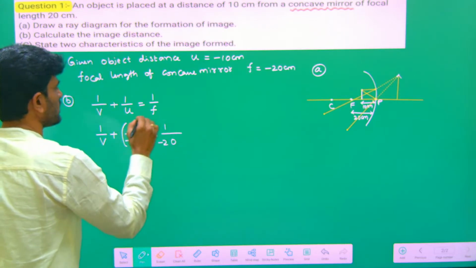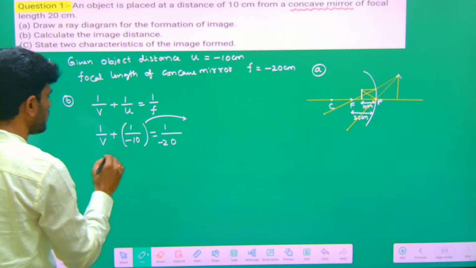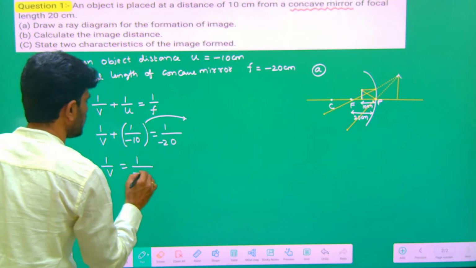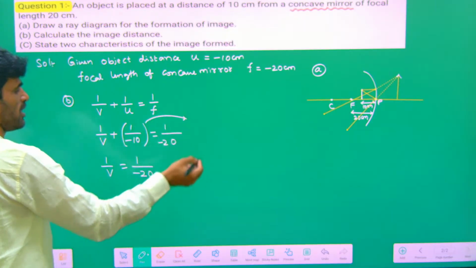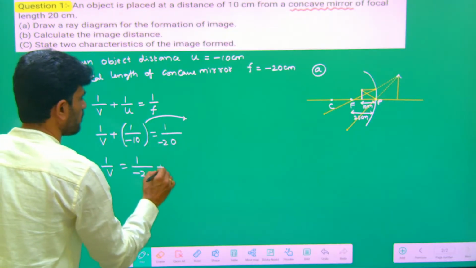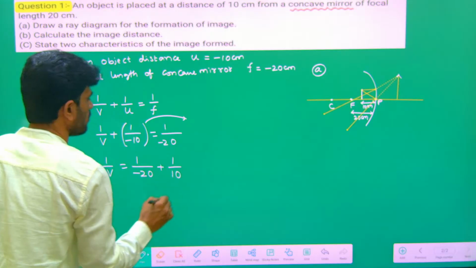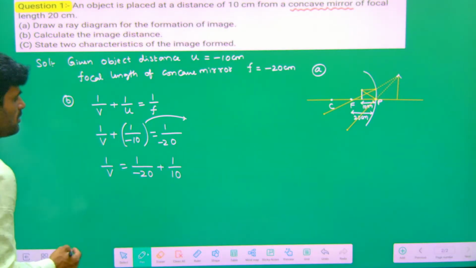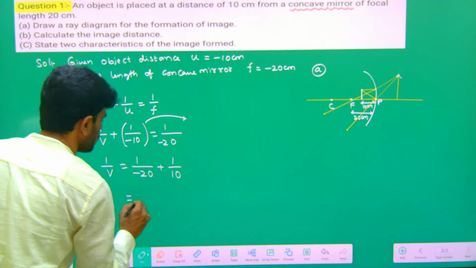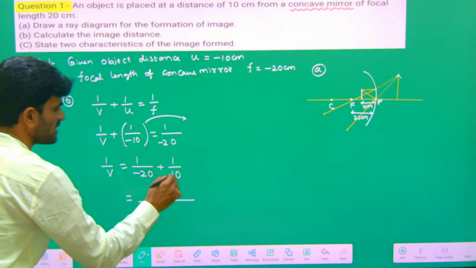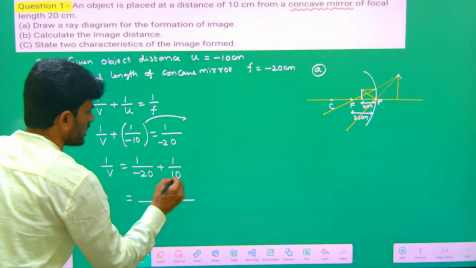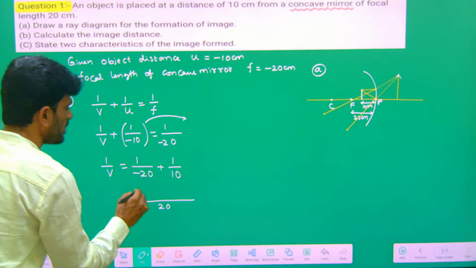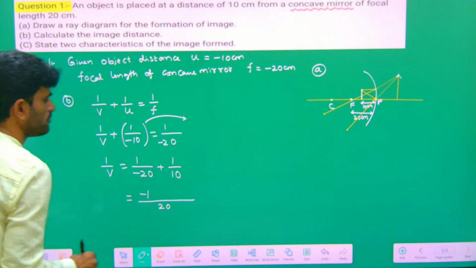So transpose this to that side. 1 by minus 10 you have to transpose to that side. Then 1 by V is equal to 1 by minus 20, and this 1 by minus 10 will become 1 by 10, because it is minus and after transposing it becomes plus. Now we should take the LCM of these two. We can take the LCM as 20, because we have 20 and 10. Since we have minus 20 here, we multiply by minus 1 to get minus 20.